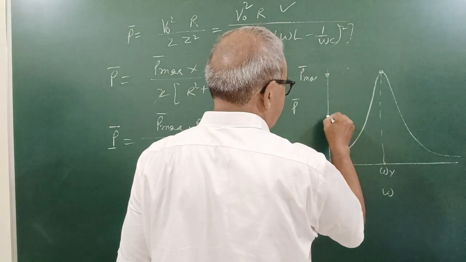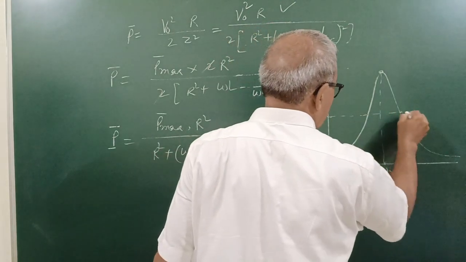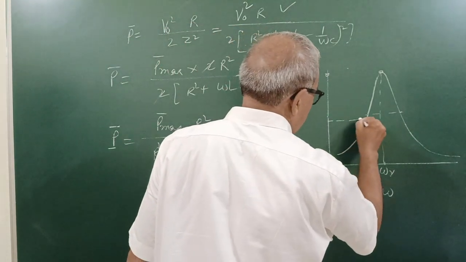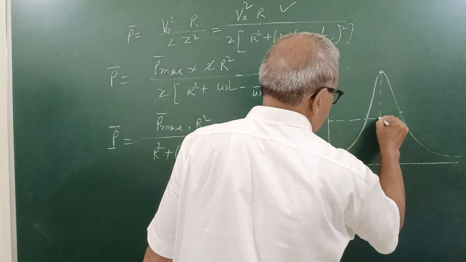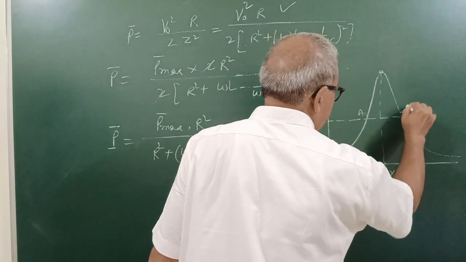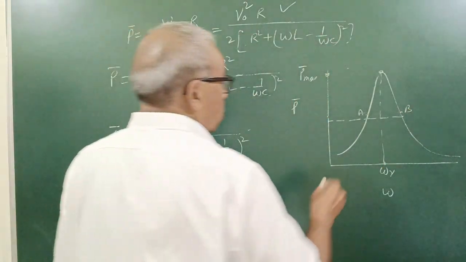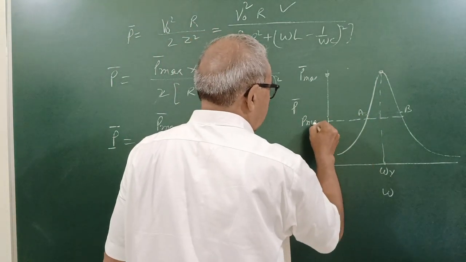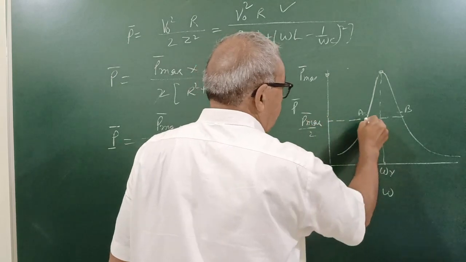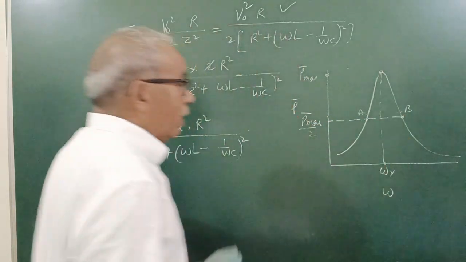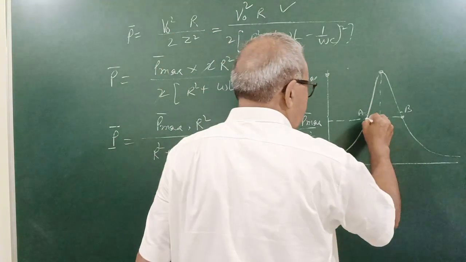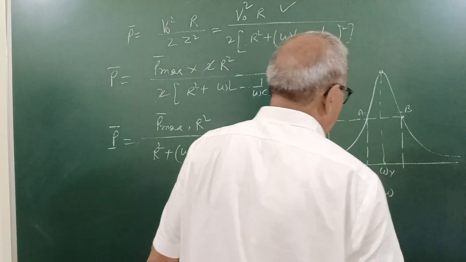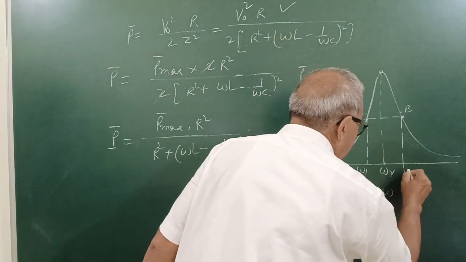Now we can take 2 points here, point A and B, on this curve. Corresponding to these points, the power delivered is P maximum by 2. These points are called half power points on the graph, and the frequencies corresponding to these points are called half power frequencies, omega 1 and omega 2.